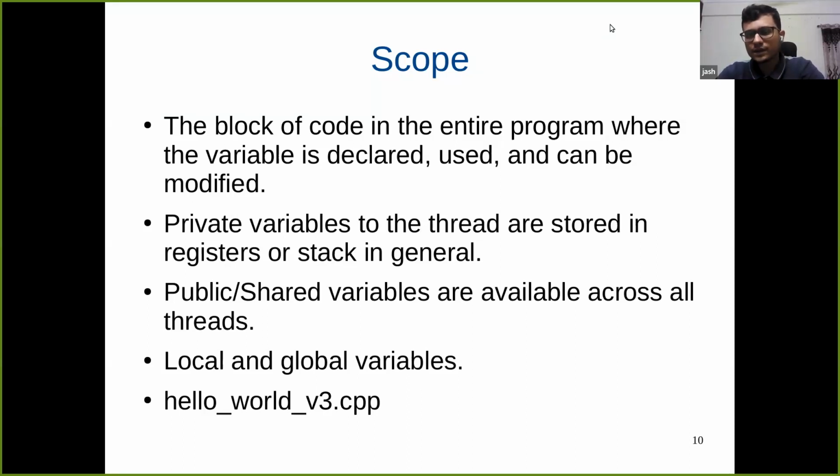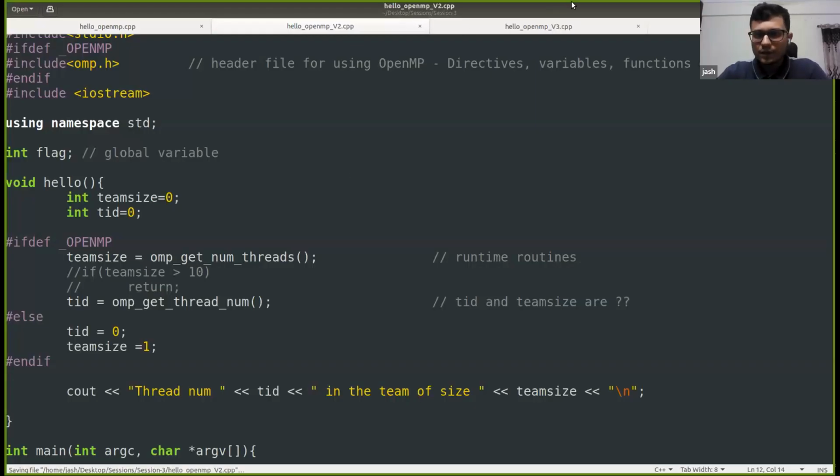Okay, if there are no questions, then let us move to the code, which is our Hello World v3, that is version 3 of our Hello program. Okay, let us move to this one now.